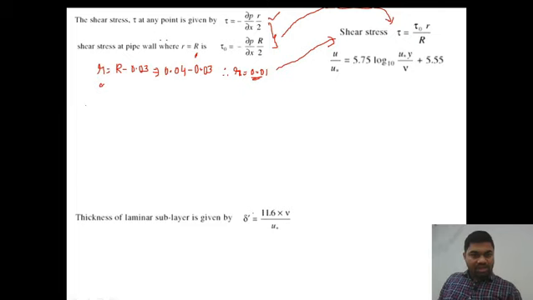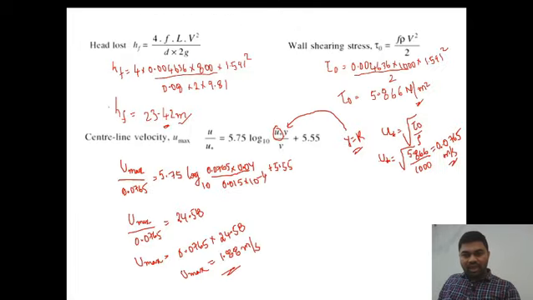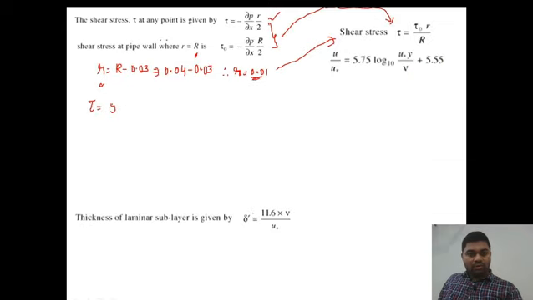Therefore, shear stress tau is equal to tau naught, whose value we have already found, 5.866, into small r, 0.01, divided by capital R, which is 0.04.